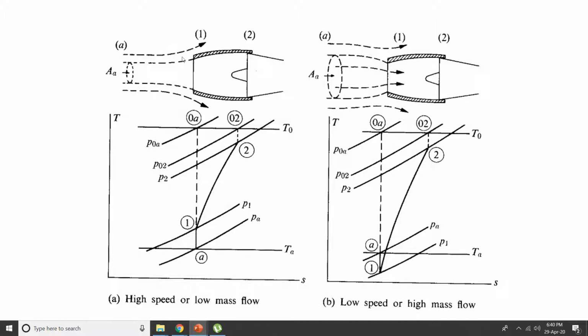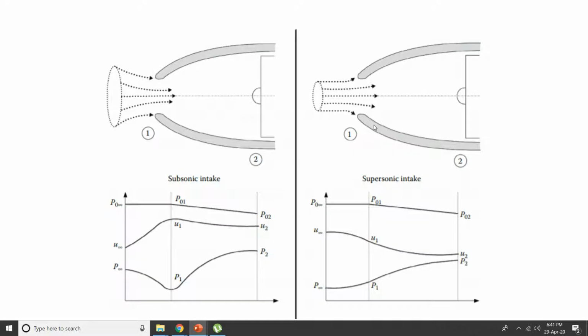This is when at an altitude in your cruise condition, and this is when you're trying to land or take off. Next, see the variation. This is during your takeoff. Because this portion is acting like a nozzle now, velocity will increase, and inside it will be constant.